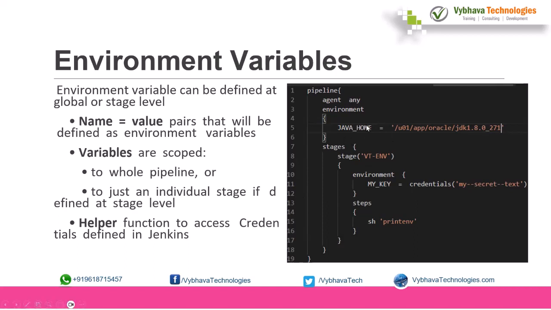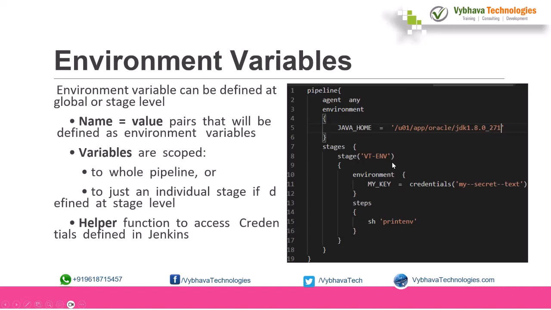Here you can see JAVA_HOME is one variable declared, and in the stage you can see another environment variable. So you can have two different environments, global level and local stage level. So my key can be used only in the VTENV stage. Every stage must have a name, and that should be enclosed in single quotes.